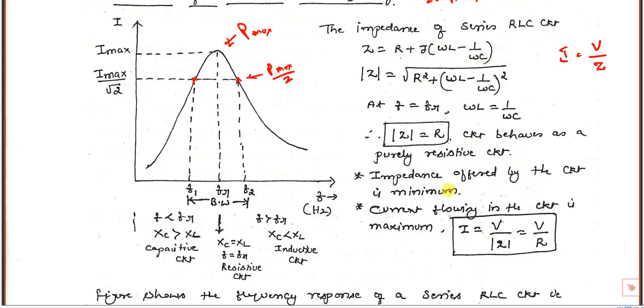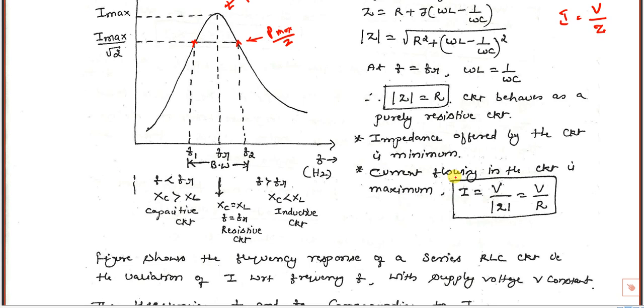I already explained this in resonance. The impedance offered by the circuit is minimum because Z is only R; we don't have the reactance part. Current is given by V by R, and we call this current I max. So I max is given by V by R only.